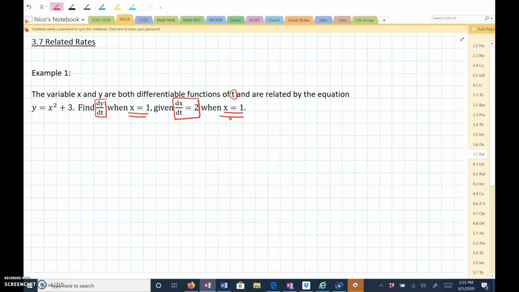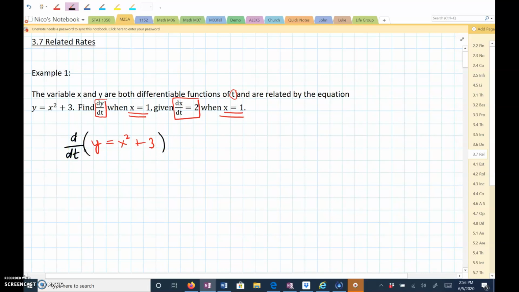Okay, so the first thing we're going to do, we're going to take this equation, y equals x squared plus 3, and take the derivative of this equation with respect to t.